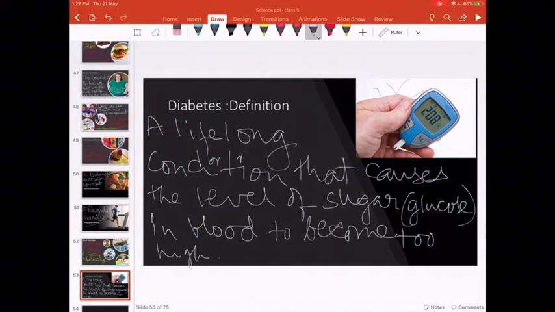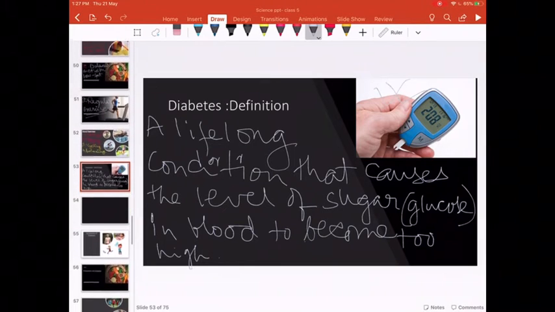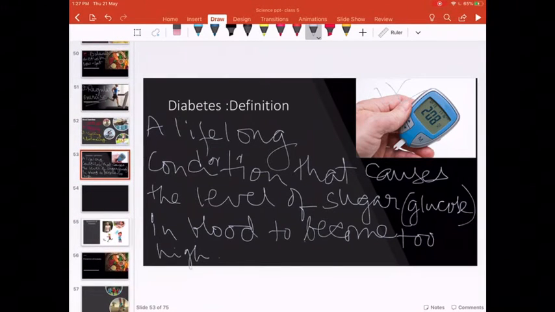You see this picture, it shows 208, which is huge, a high blood sugar level. Okay, 95, 100, this is okay, but 208 is too much. So this is the definition of diabetes.